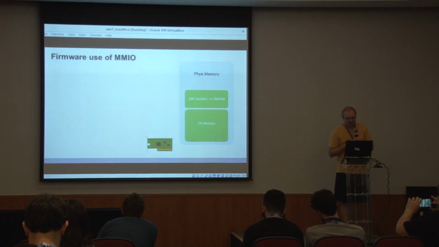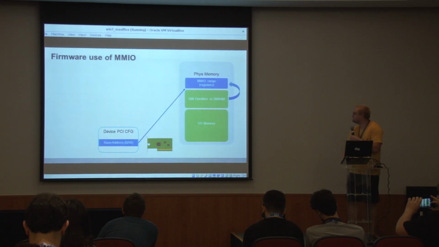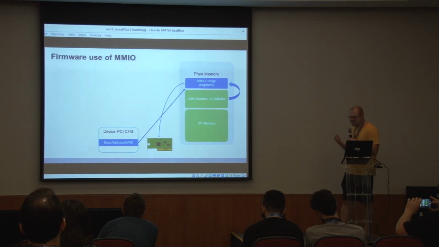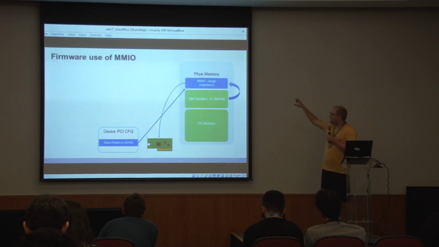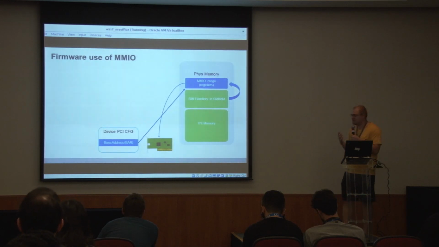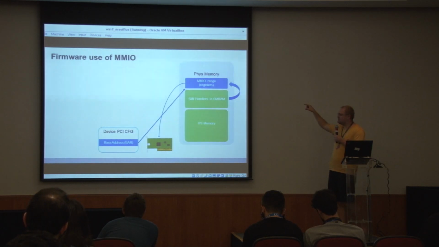Another vector which is really interesting, but more applicable to x86, relates to what I already mentioned about MMIO of different devices and the difference between x86 and ARM. So one more quick recap. You have an MMIO range, where a transaction to that range goes directly to the device. Every time the operating system or someone else wants to talk to the device, they talk through the MMIO range.